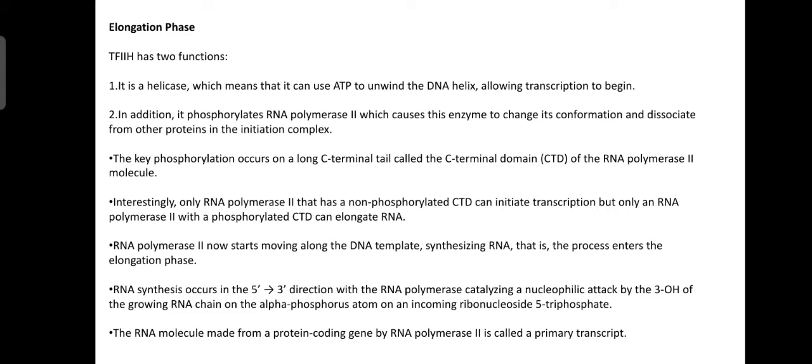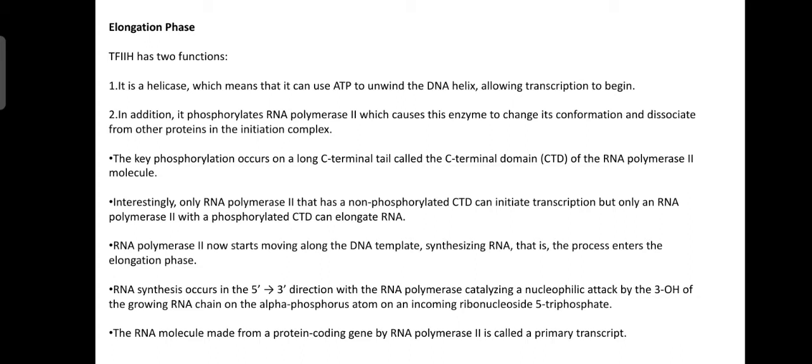Now it will start moving along the DNA template, synthesizing the RNA. That is, the process enters the elongation phase. After the initiation, now the process will enter the elongation phase. RNA synthesis, as we have already seen in the first slide on the features of eukaryotes, will take place in the 5 prime to 3 prime direction.